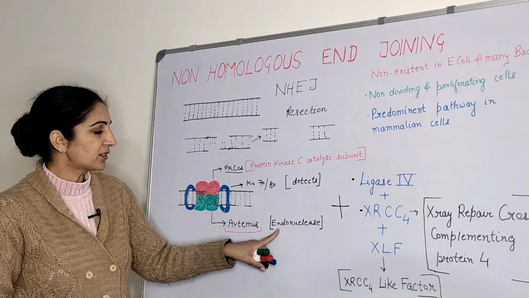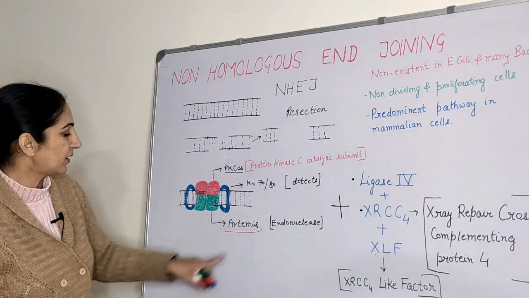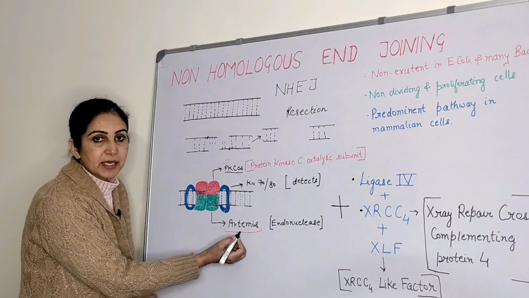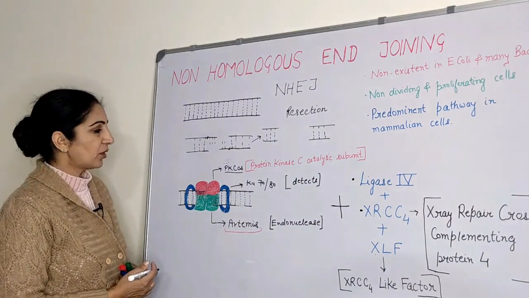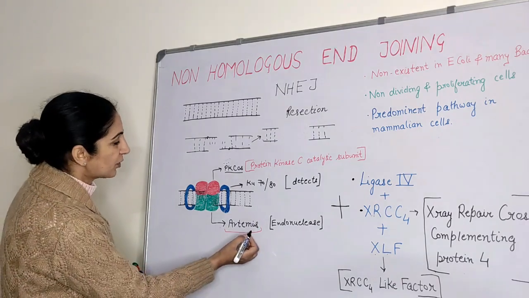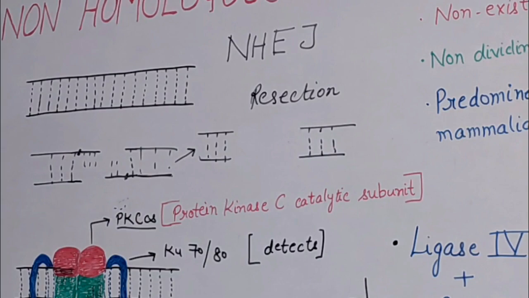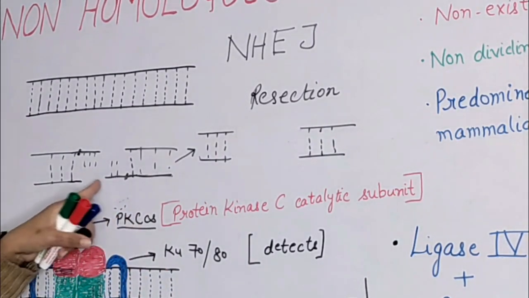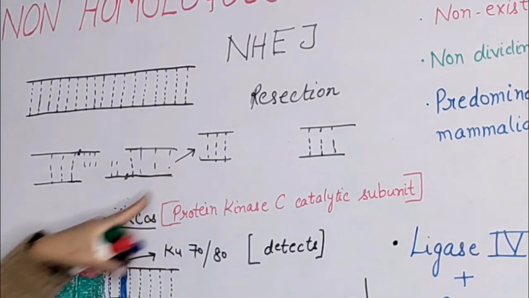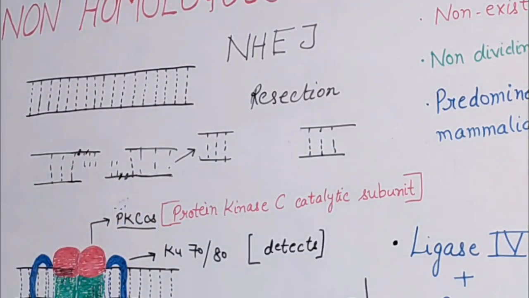It's a kind of endonuclease. So after getting activated, Artemis can now remove the nucleotides from the DNA molecule. Because it's an endonuclease, it can make nicks inside the DNA strands, so it makes the nicks here and removes the overhanging ends of the DNA molecule.